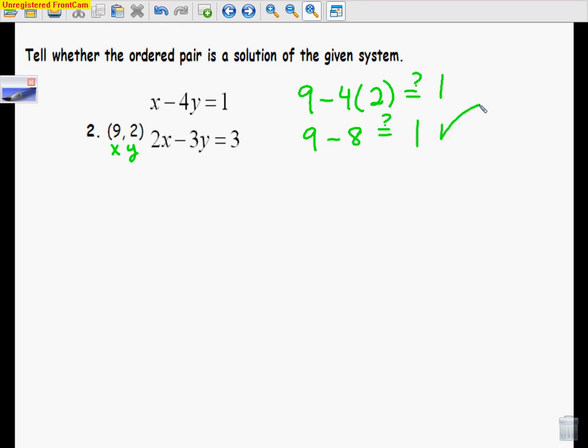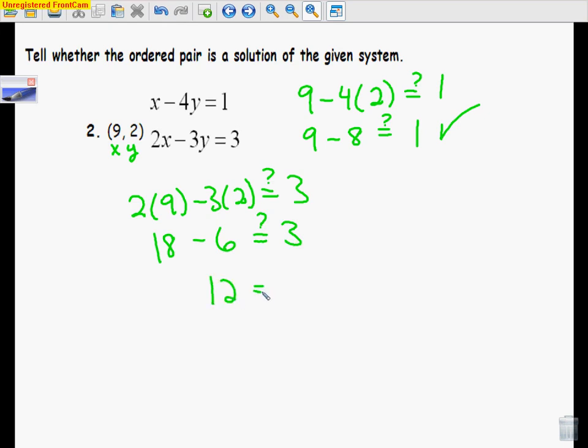Let's try the second one here. 2x, 2 times 9, minus 3 times y. Does that equal 3? Well, 2 times 9, that's 18, minus 3 times 2, which is 6. Is 18 minus 6 equal to 3? No, it's not. 18 minus 6, that is 12, and 12 does not equal 3. So therefore, 9, 2 is not a solution.